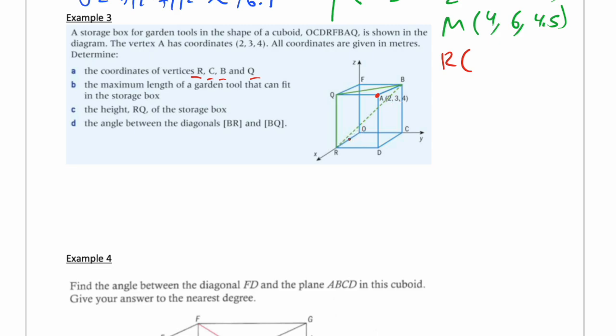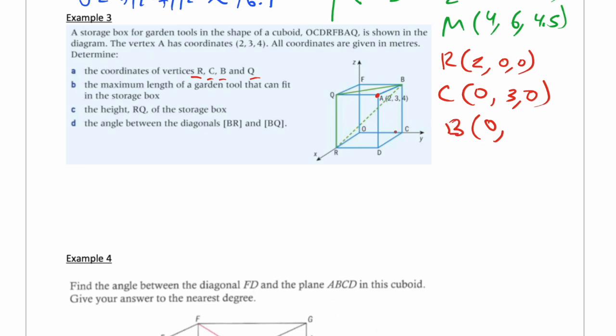So R is 2 in the x direction, but still 0, 0. And then you got C. Point C is over here. To get from the origin to C, just move in the y direction. So the y value becomes 3, but the other two are still 0. And B is up here. To get to B, we need to go in the y direction and then in the z direction. So x is still 0.